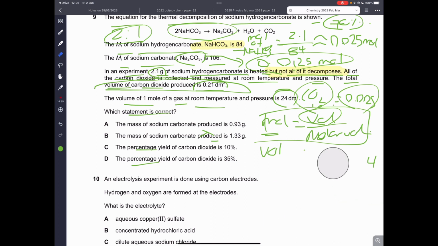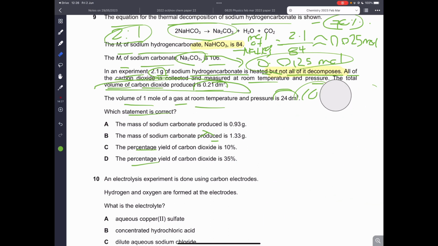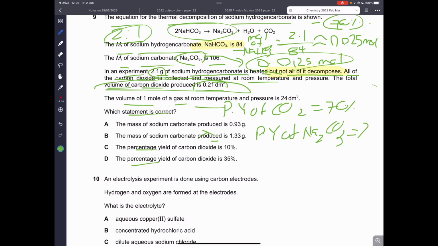Since the percentage yield of CO2 is 70%, the percentage yield of Na2CO3 also has to be 70%. Why is this? Well, because if you see the mole ratio here, they are both 1:1.